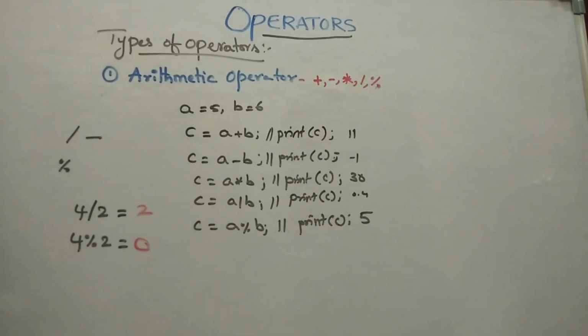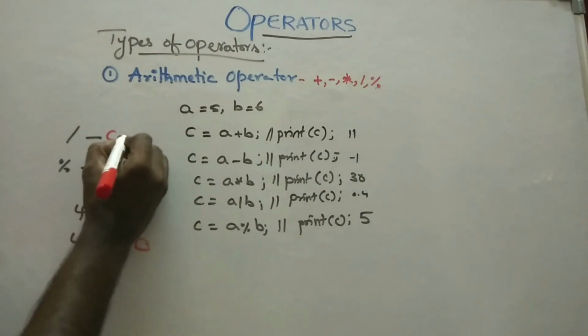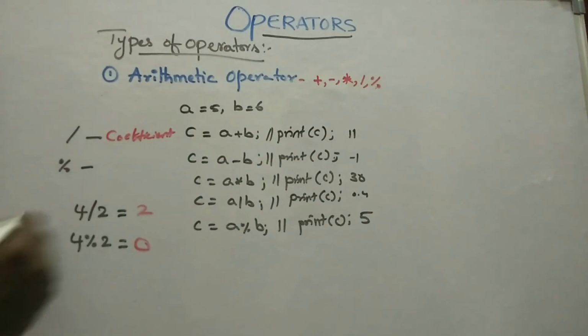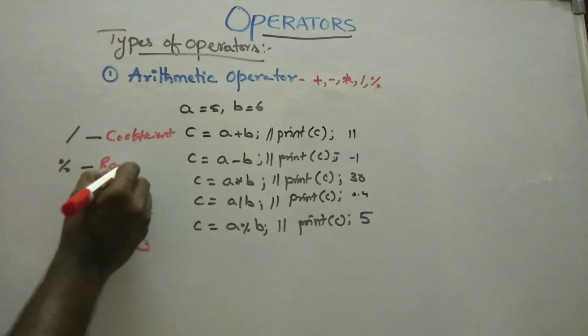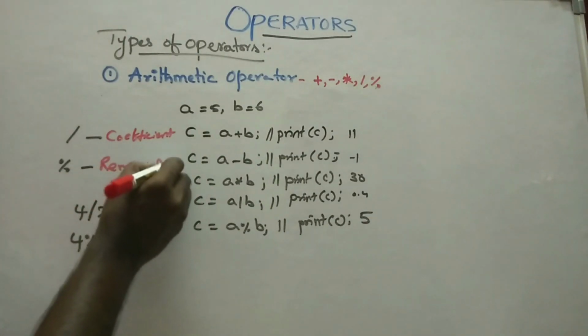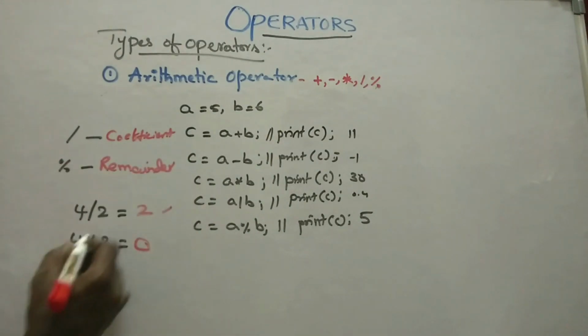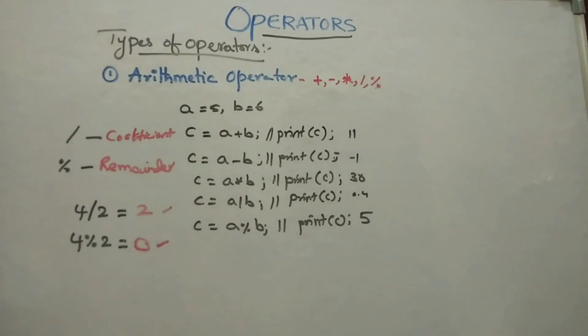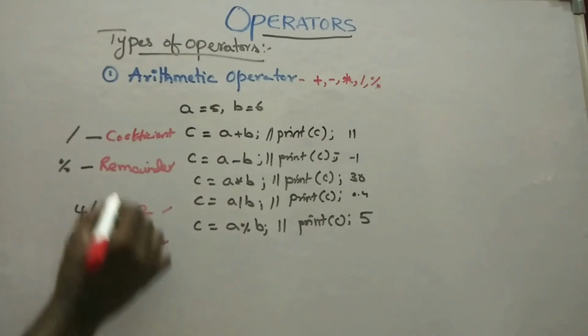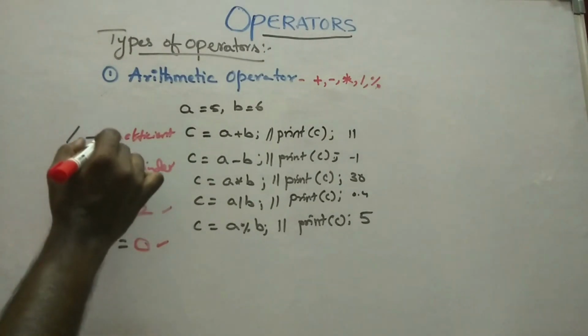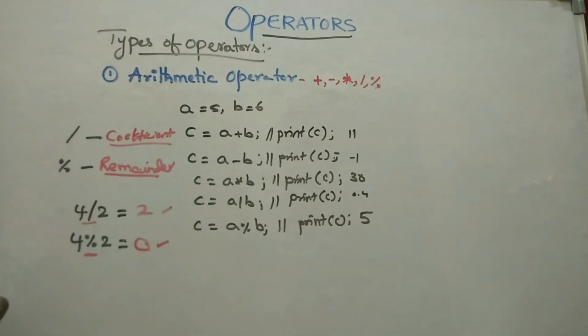Because in normal division, we consider the result as the quotient value, whereas in modular division, we consider the result as the remainder value. Based on that, 4 by 2 gives 2, and 4 modular division by 2 gives 0.